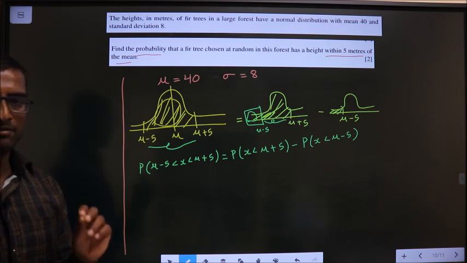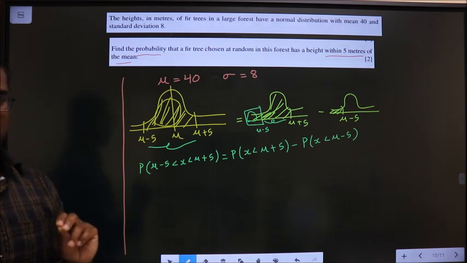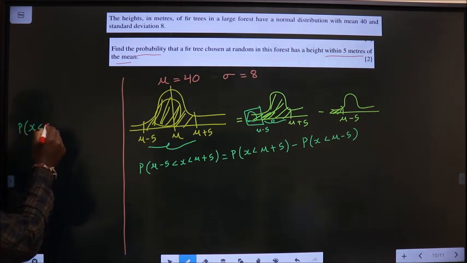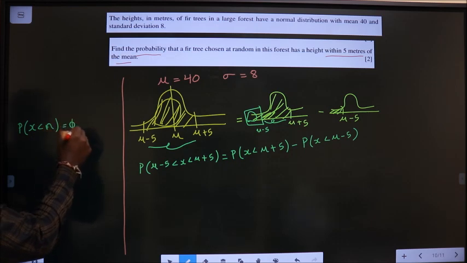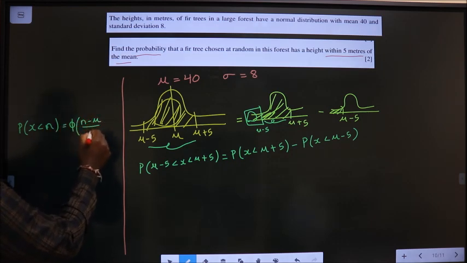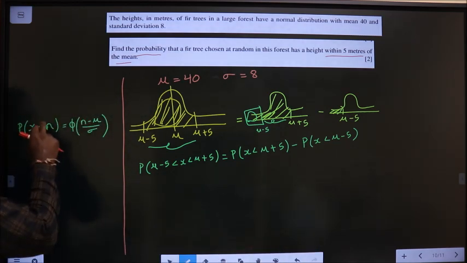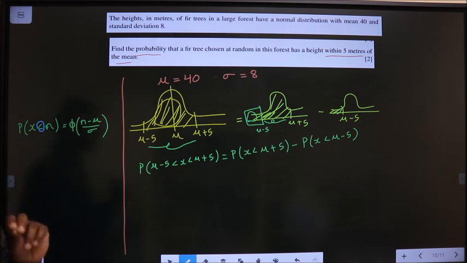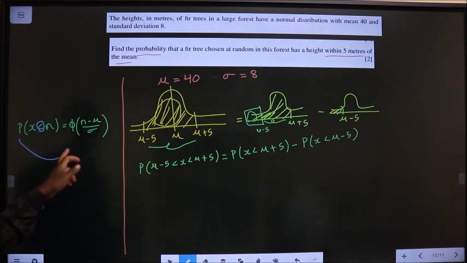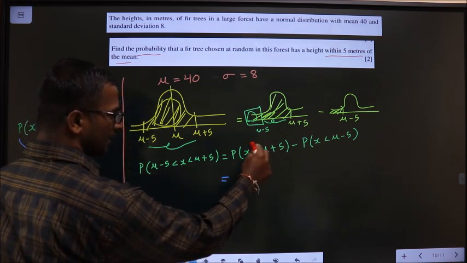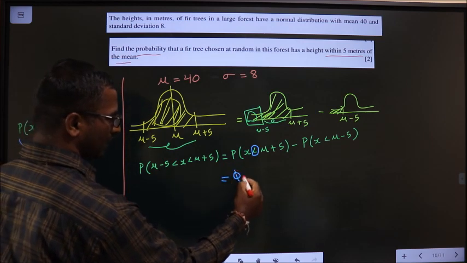Now, in every normal distribution sum, we should also make use of this one, and that is P of x less than n is nothing but phi of n minus mean by standard deviation. Here you should check this symbol. This should be less than. Only then P will get converted to phi. Clear? Now, come here. Here the symbol is less than, so P will get converted to phi.